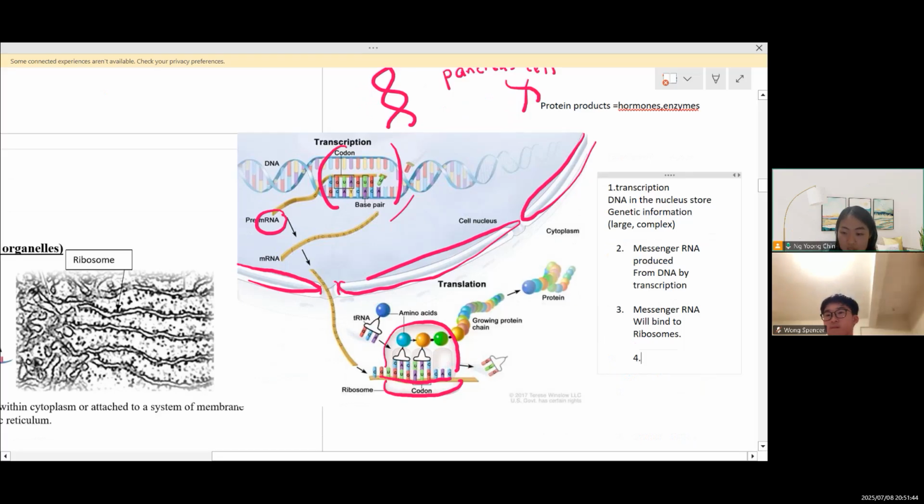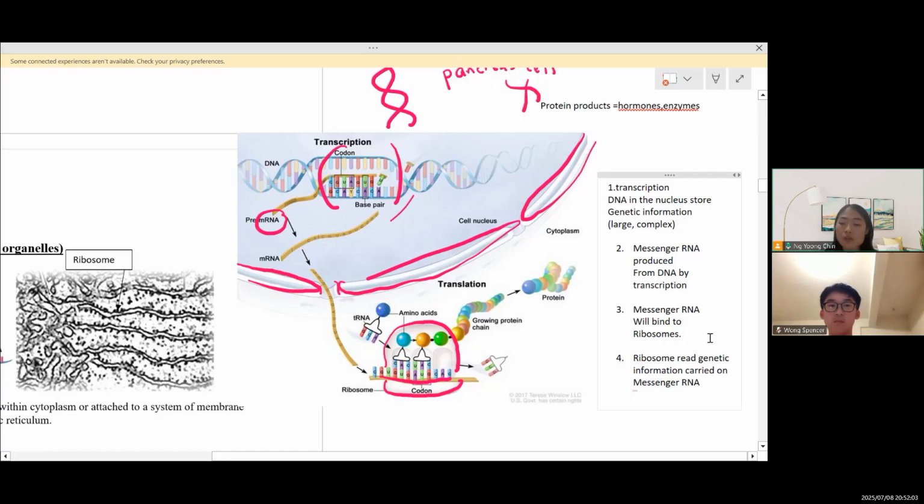So that means the ribosome will bind to the messenger RNA. And then the ribosome will read the genetic information carried on the messenger RNA.